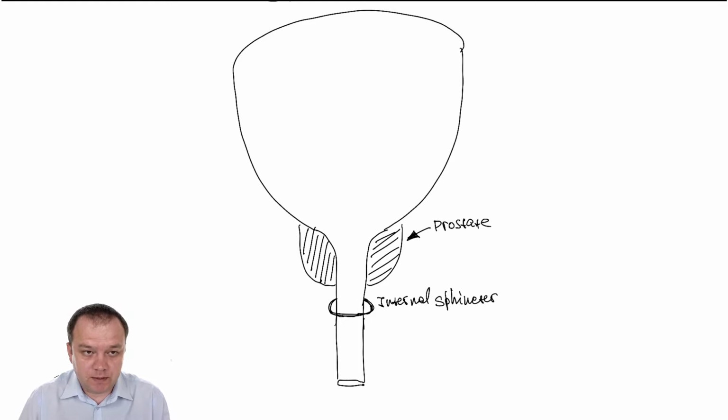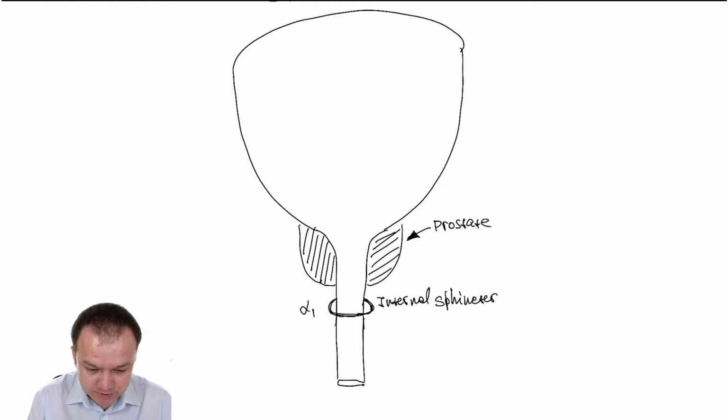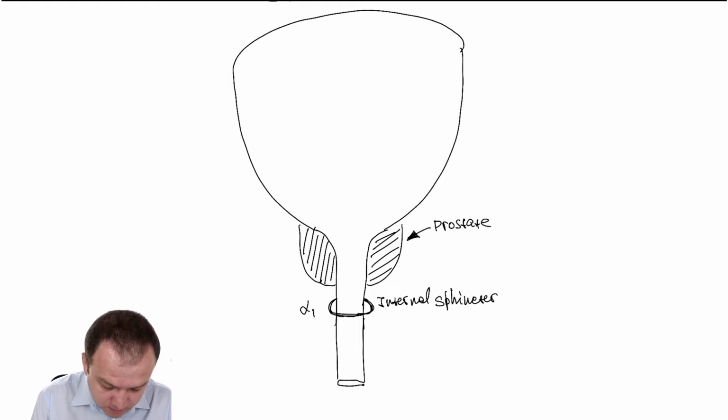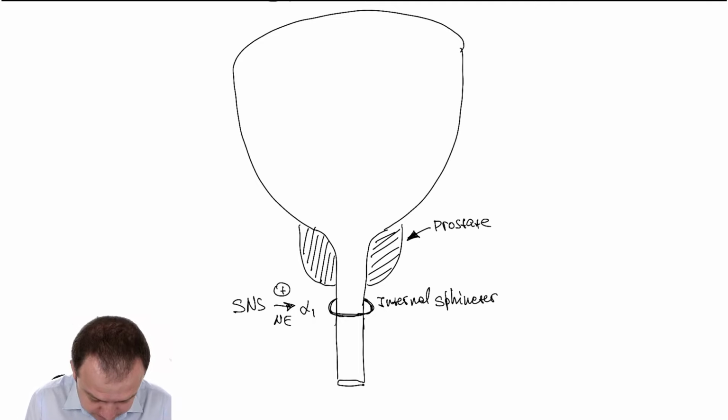Yeah, it's controlled by the autonomic nervous system, and we have alpha-1 adrenergic receptors here. So activation of the sympathetic nervous system stimulates alpha-1 adrenergic receptors by releasing norepinephrine, and as a result we have constriction of the internal sphincter and urinary retention. Yeah, urinary retention.